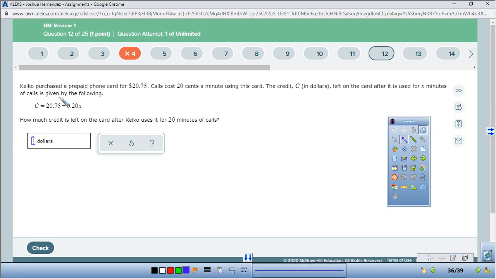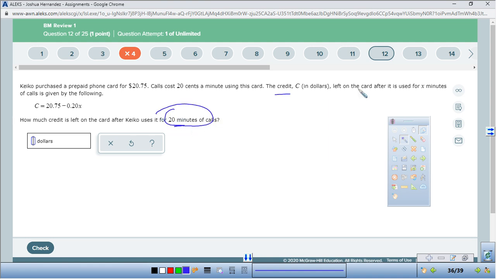Okay, so I'm going to read this one. Kelly Kaiko purchased a prepaid phone card at $20.75. Calls cost 20 cents a minute using the card. Credit C dollars left on the card after using x minutes. Okay, cool. How much credit is left on the card after 20 minutes?